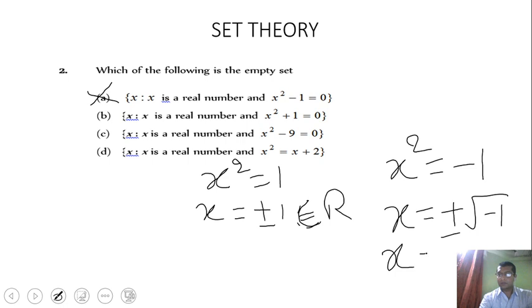We know root of minus 1 is the complex number i, the imaginary part of a complex number, which is not a real number. Therefore option B is the right answer.